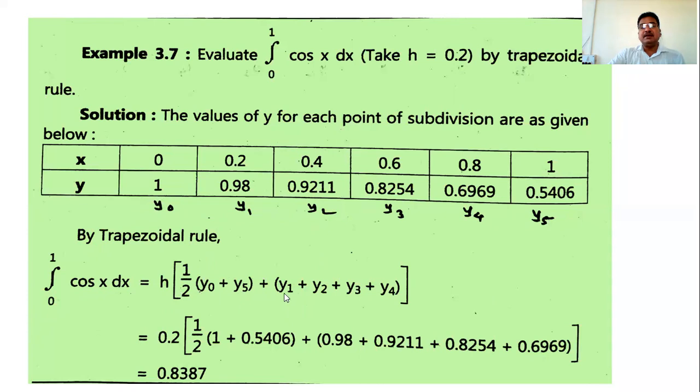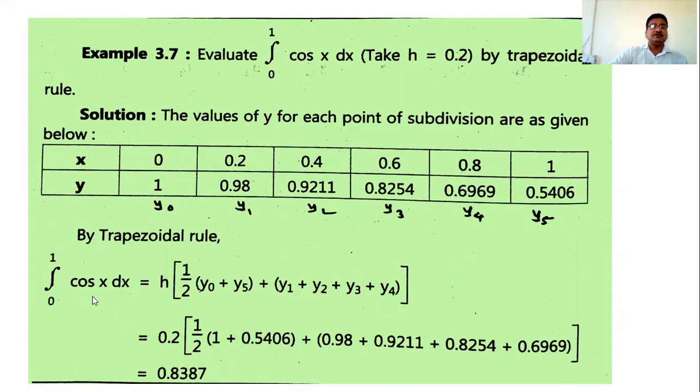Write the 1/2 outside the bracket, and write 2 into the remaining values. Then substitute the values, and we get the answer 0.8387. So this is the integration from 0 to 1 of cos x dx.